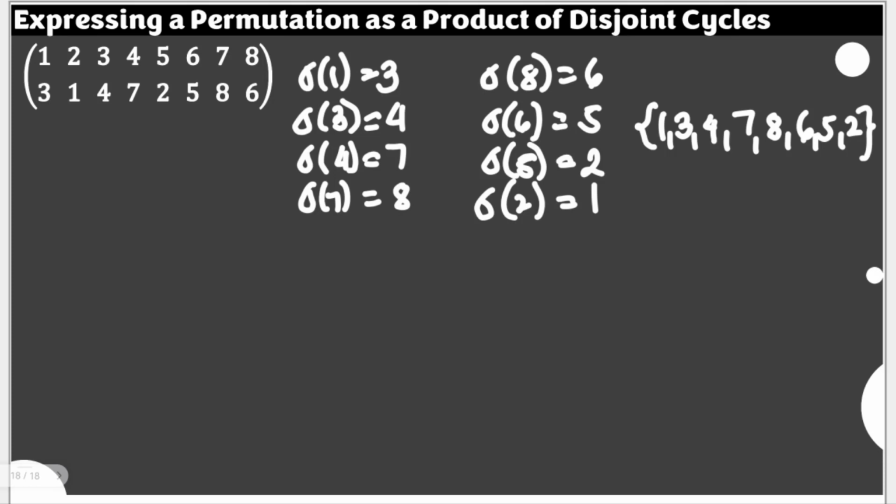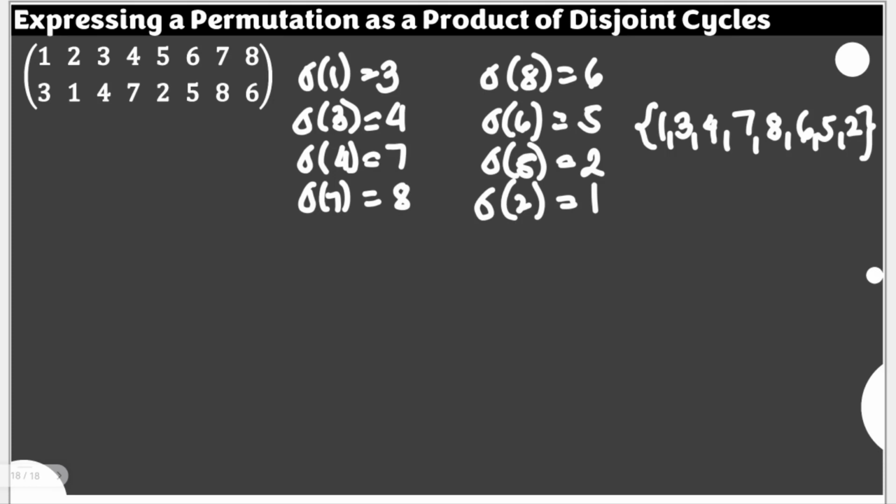The proper definition: a permutation is a cycle if it has at most one orbit containing more than one element. We have exactly one orbit here, and it contains more than one element, as it contains all the elements that we have used here. So, does this fit the idea of a cycle? The answer is yes. This permutation is a cycle.